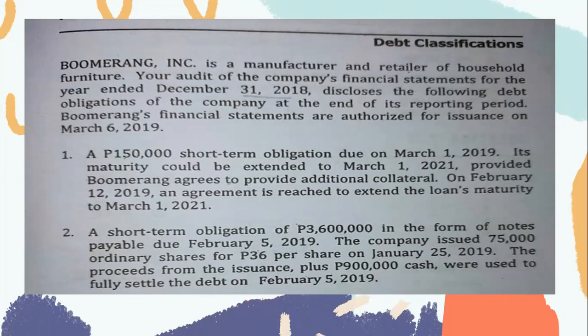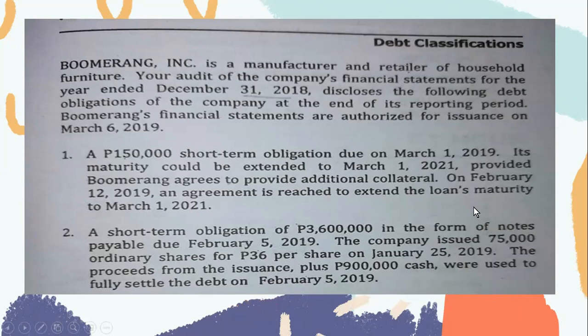Number 1, 150,000 short-term obligation due on March 1, 2019. Its maturity could be extended to March 1, 2021, provided Boomerang agrees to provide additional collateral. On February 12, 2019, an agreement is reached to extend the loan's maturity to March 1, 2021.